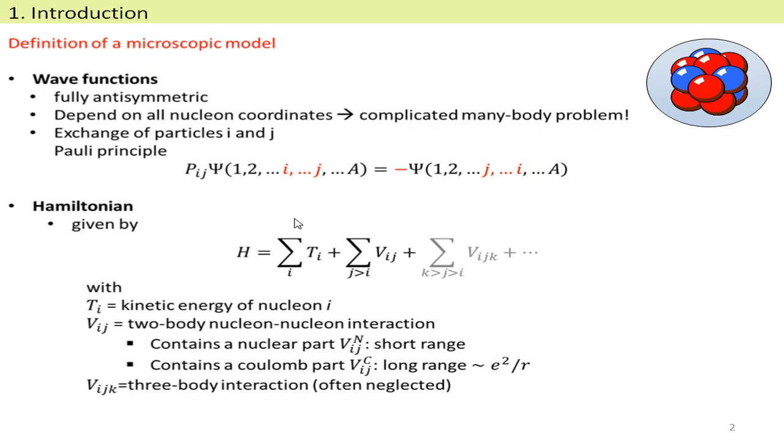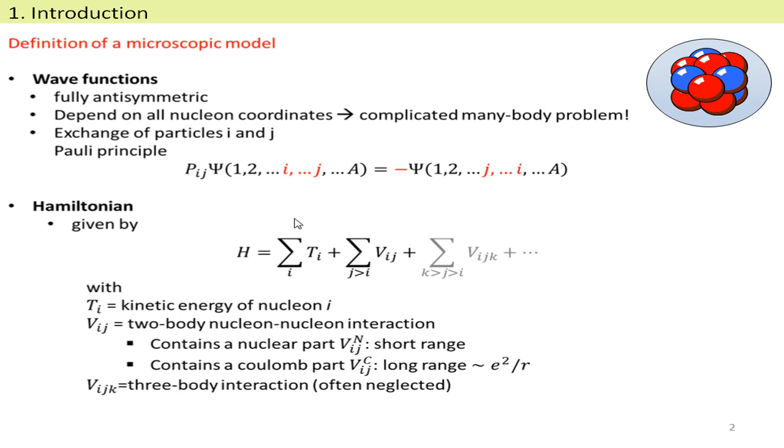So the first thing I have to discuss is the definition of a microscopic model. In a microscopic model, there are two characteristics. One is about the wave function, the other one is about the Hamiltonian. The wave function must depend on all nucleon coordinates. So this is shown here.